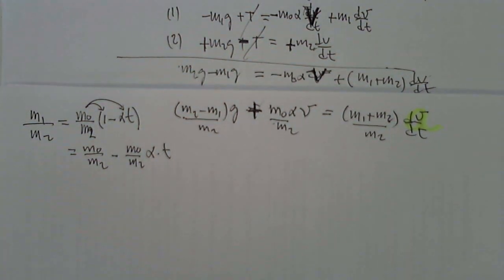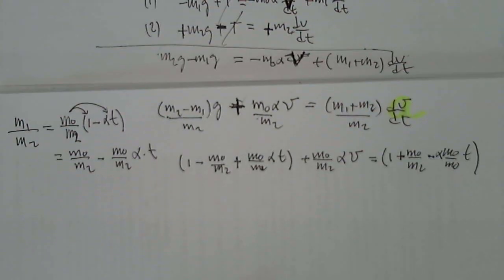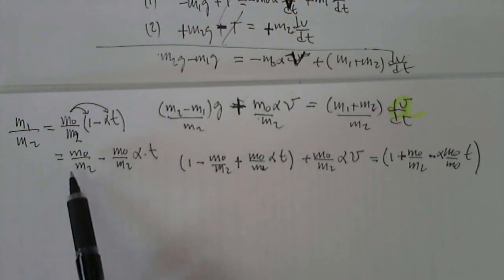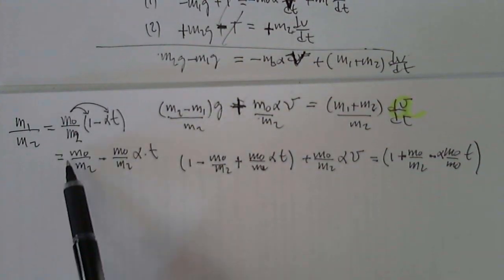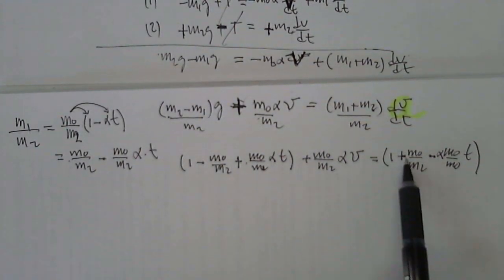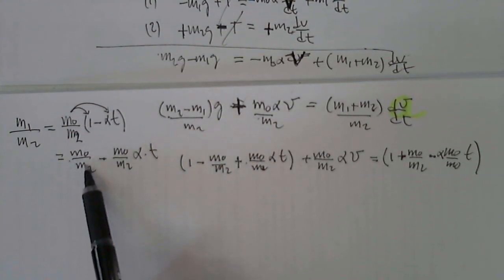If I get M1 over M2, I need to put this over here. So I'm going to pass the video and substitute all that. So this is what I get. Remember, this is plus and negative. So this negative made this one negative and this positive, and this one is exactly like this over here, positive and then negative.